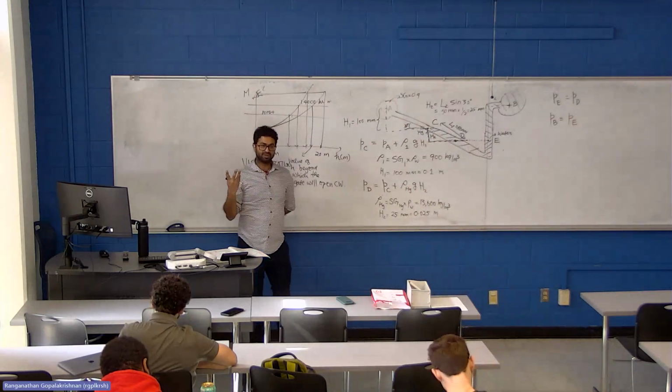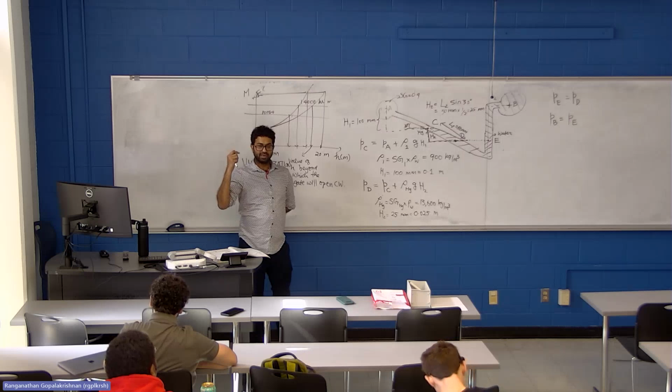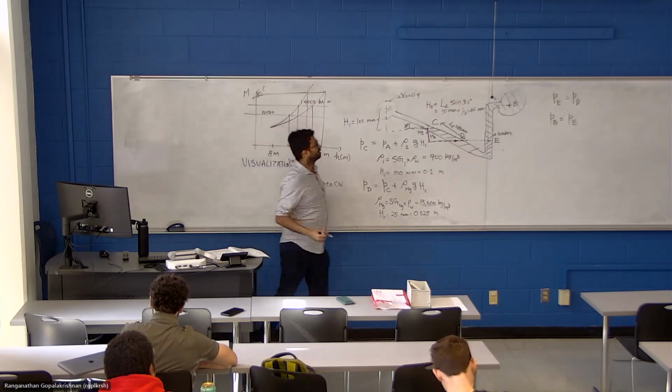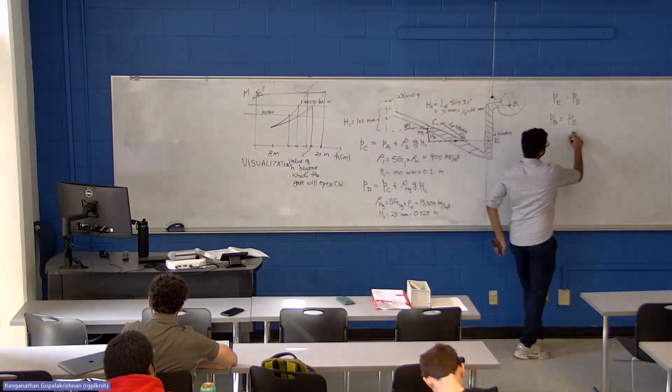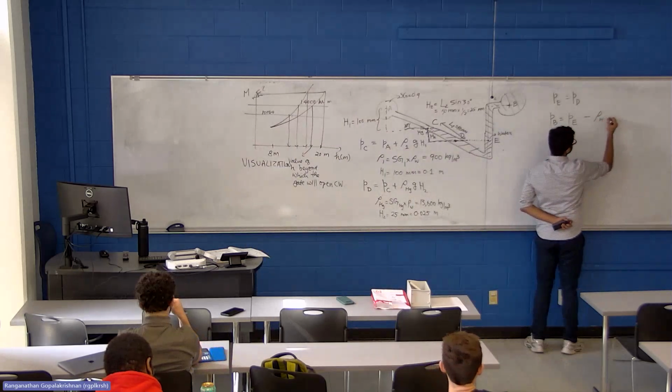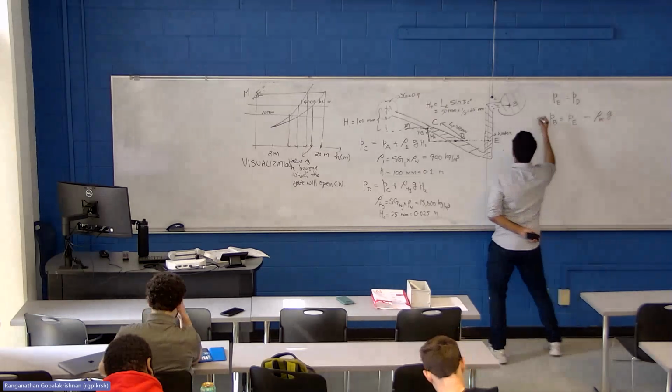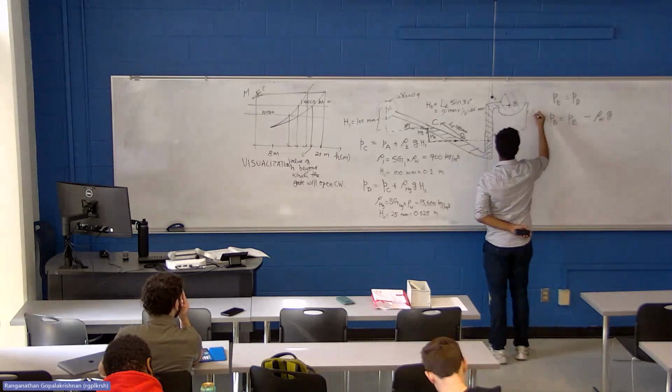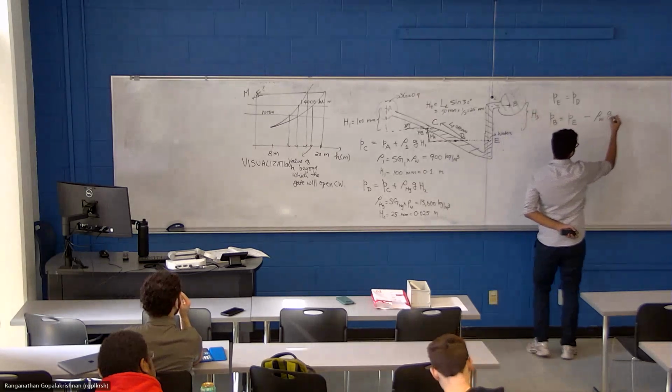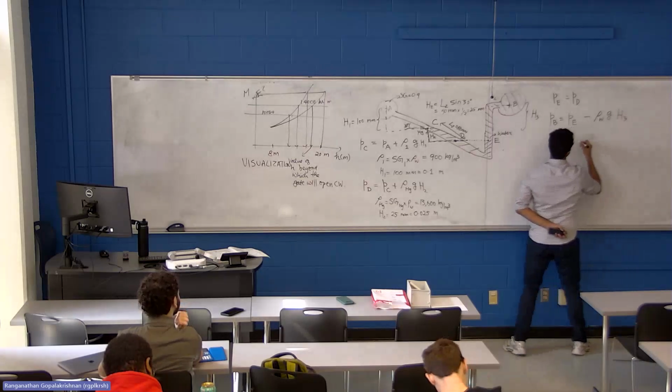What do we always say about pressure? It increases if you go along with gravity and decreases if you go against gravity. So this must be PE minus density of water times g times this height, which we'll call H3.